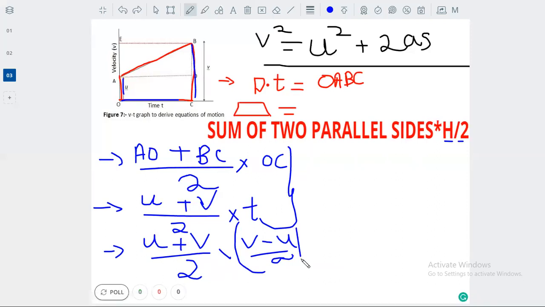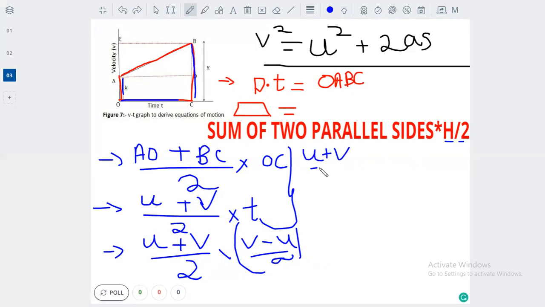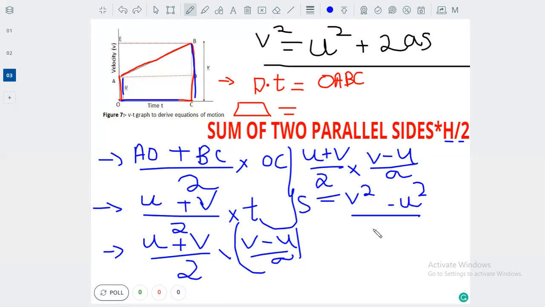Oh no, what happened? So u plus v by 2 into v minus u by a. So when I combine together, s, the distance we are traveling, is finding the area of the trapezium. So s is equal to v square minus u square by 2a.